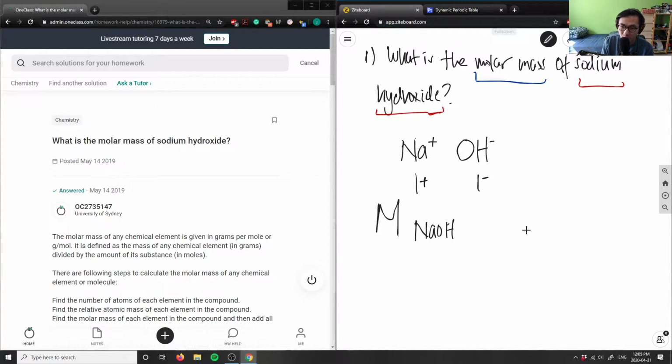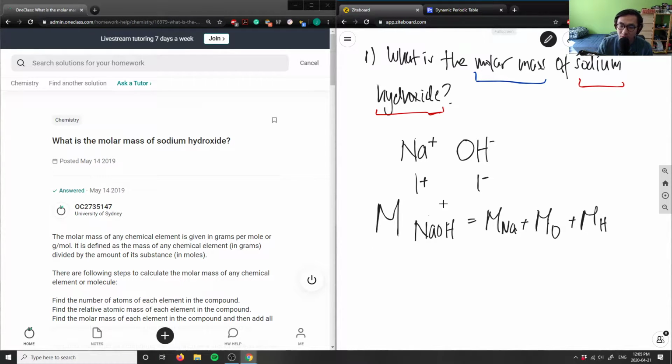So I can say the molar mass, big M, of NaOH equals the molar mass of Na, plus the molar mass of oxygen, one oxygen atom, plus the molar mass of a hydrogen atom.